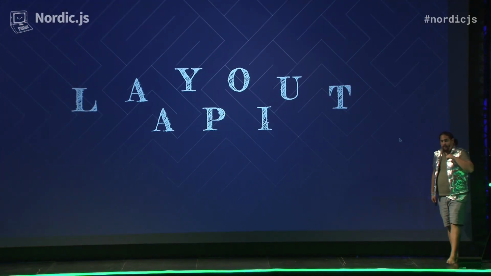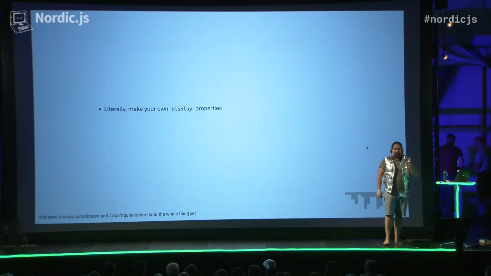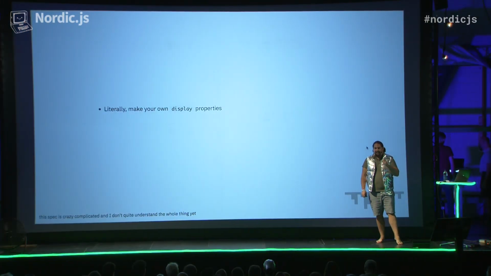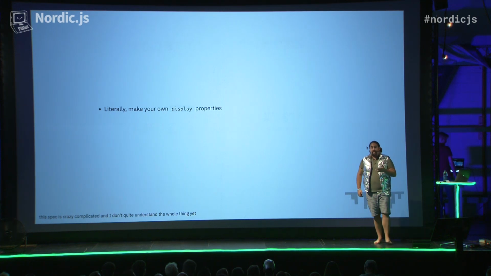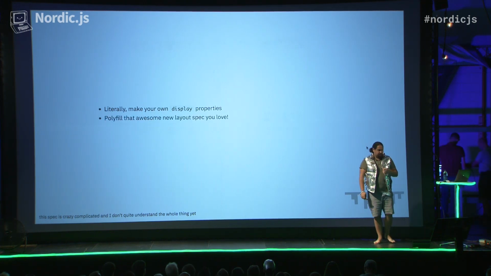And then finally, we have the layout API. The layout API is going to let you do Tetris with your websites. Now, I will say that the layout API is really big. What the layout API does in its spec is it literally explains how the layout algorithms work on the web. Because this will and does let you make your own display properties.